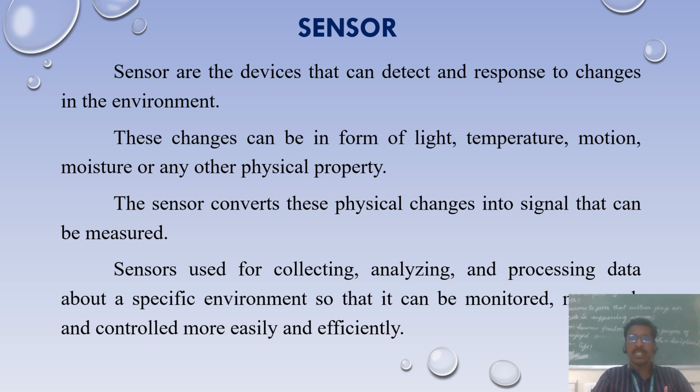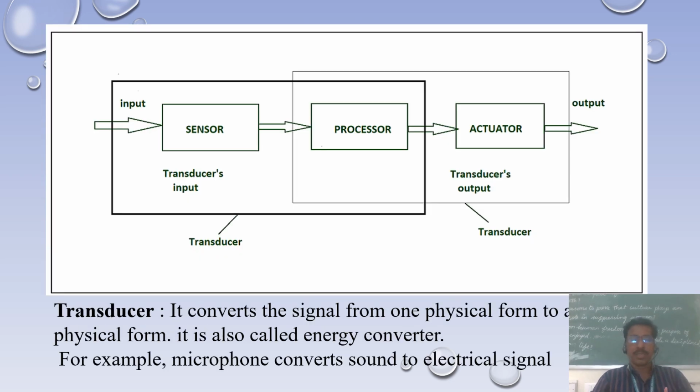Using different types of sensors, we can measure and read different types of data and store it in the computer system. We have different types of sensors that can be used in the robotic system.